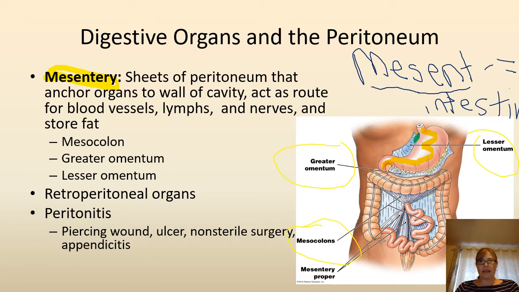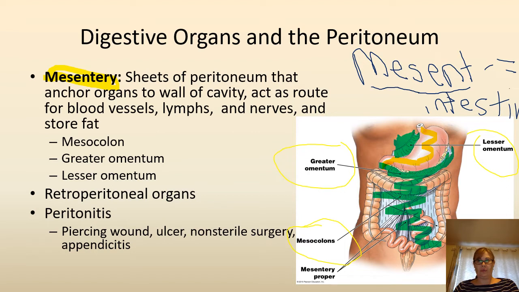This part I'm highlighting right here is known as the lesser omentum, and it kind of clings to the underside of the liver and the gallbladder. And then this part right here is known as the greater omentum. It actually continues down in front of all of this stuff, but they've cut it in this view. I have different views of that to show you in a minute.